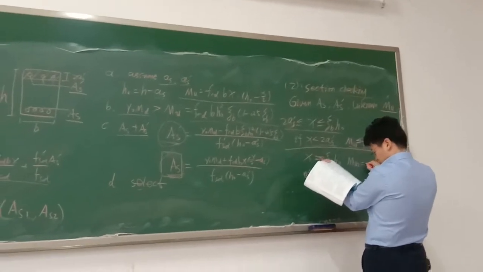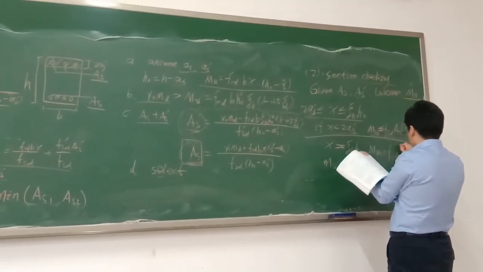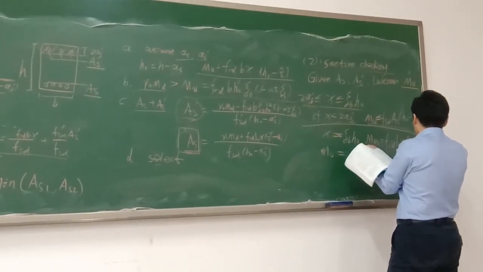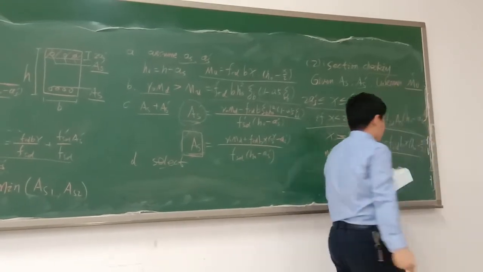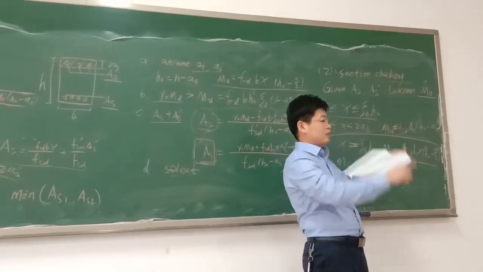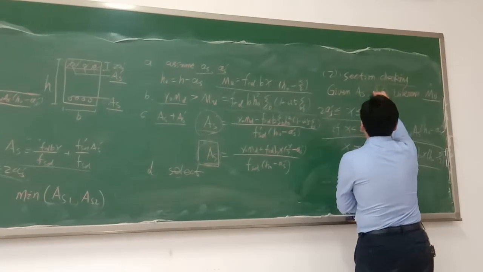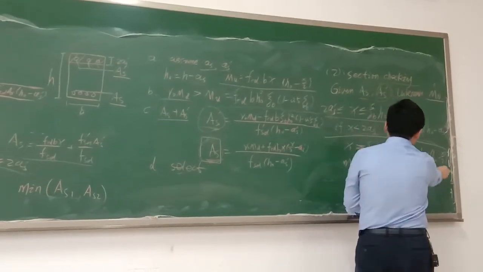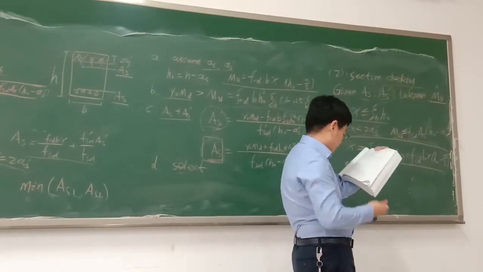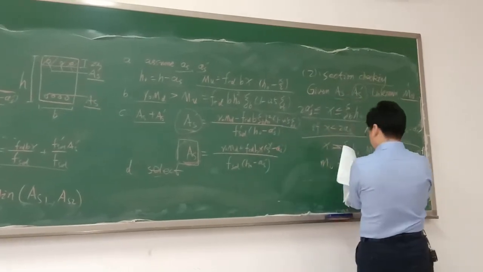Use fcd x (h0 minus x). This is the mu calculated by the single reinforcement beam. Suppose this beam is single reinforcement; don't care about the compression reinforcement, just use As to calculate. Then compare these two and take the largest one, use the max.